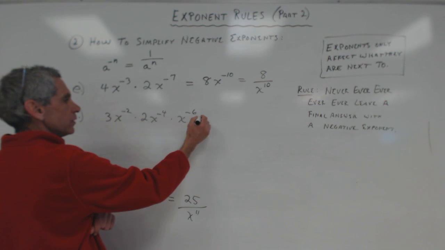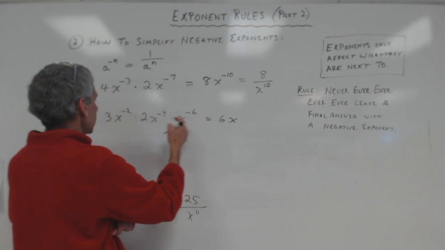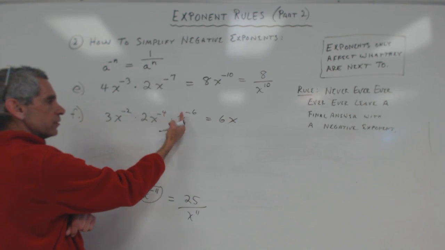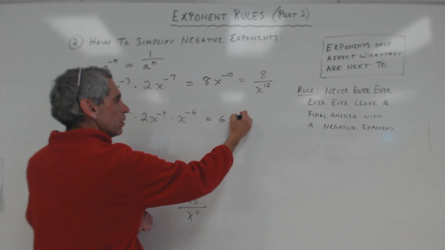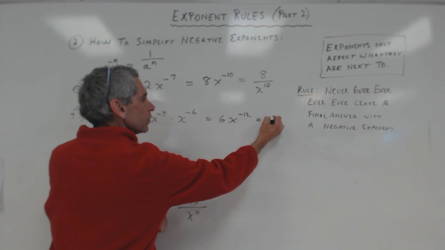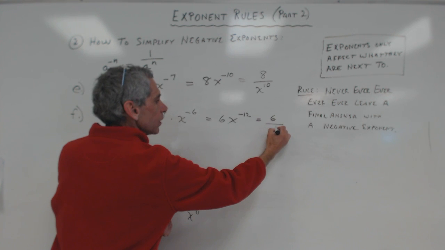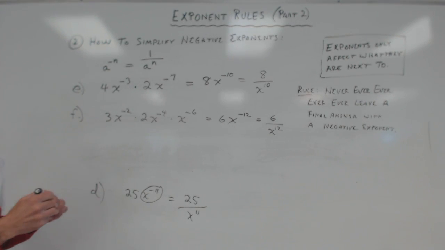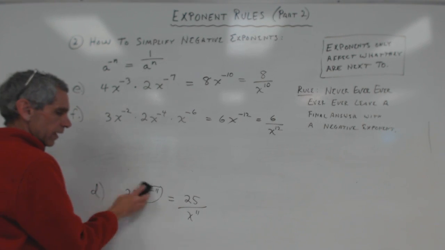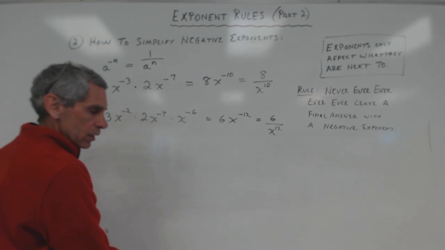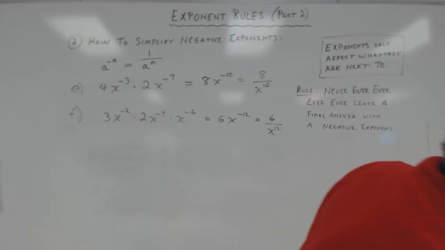So 3 times 2 is 6. And then x to the negative 2 and negative 4 is negative 6. And negative 6 is negative 12. And then it would be 6 over x to the 12. You got it. Beautiful. Easy peasy. Awesome. Okay. So that's basically it. I'm going to go ahead and turn this thing off.